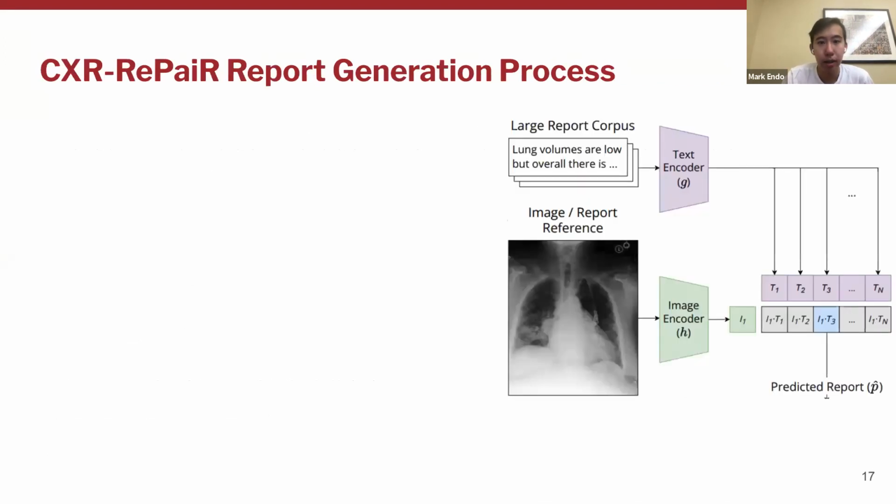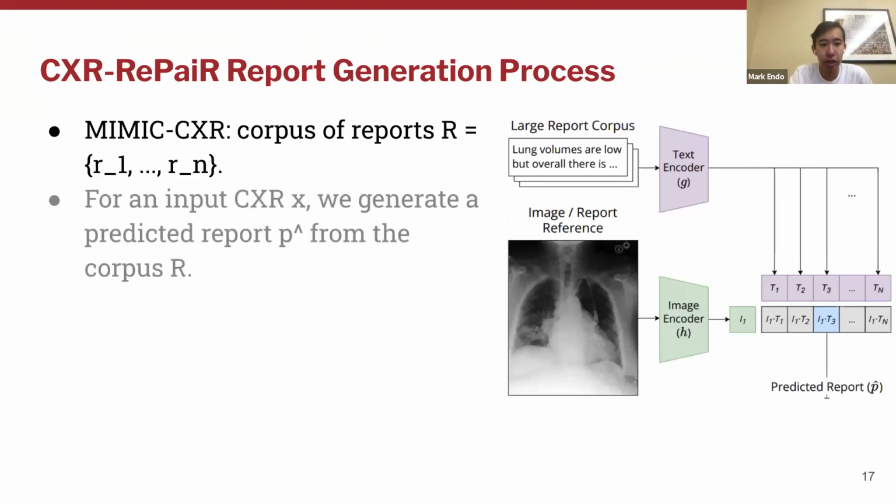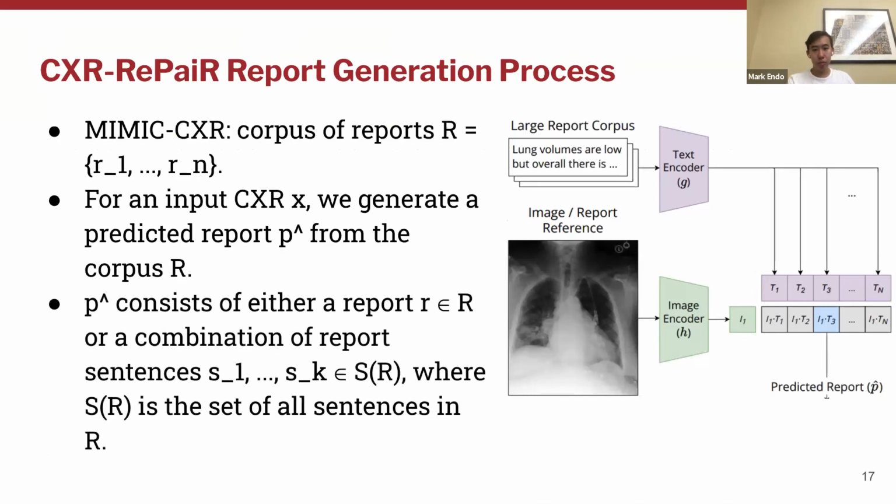All right, and then let's go through the CXR report generation process a little bit. Reports or report sentences from a large corpus are passed through a pre-trained text encoder, and the input chest X-ray is similarly passed through a pre-trained image encoder. Then we can generate a prediction by selecting the report that maximizes similarity between the text and image embeddings, or we can select the top K sentences that maximize that similarity.